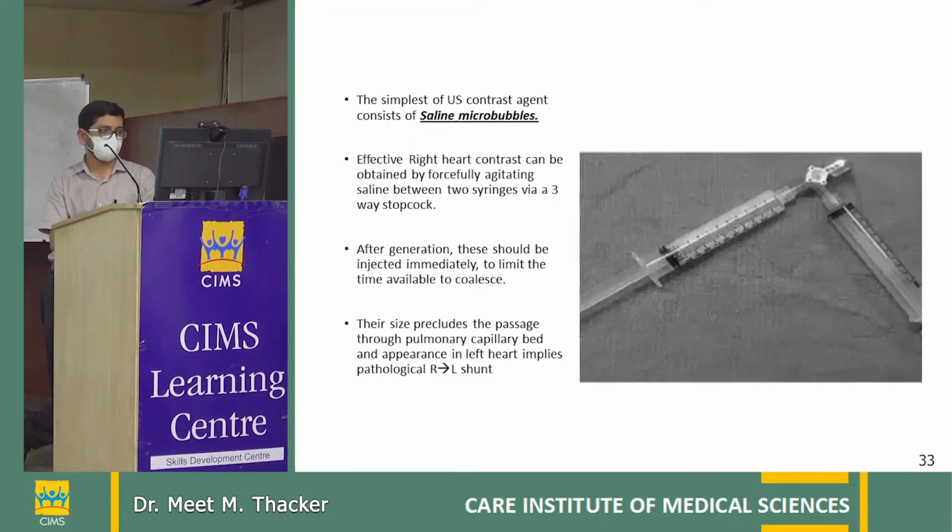The size of these microbubbles precludes the passage through the pulmonary capillaries, and they will normally be seen only in the right-sided chambers. If these saline microbubbles appear in the left-sided chambers, this implies that there is some pathological right to left shunting, either intracardiac or extracardiac.